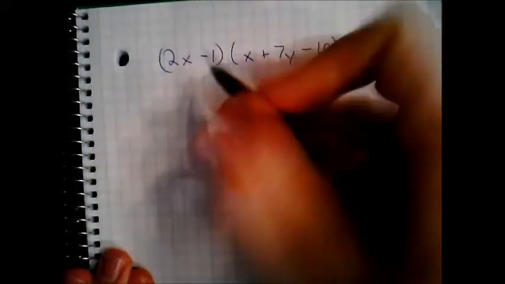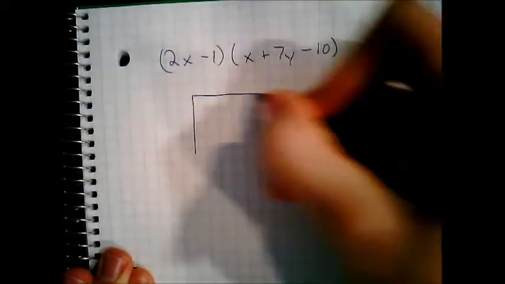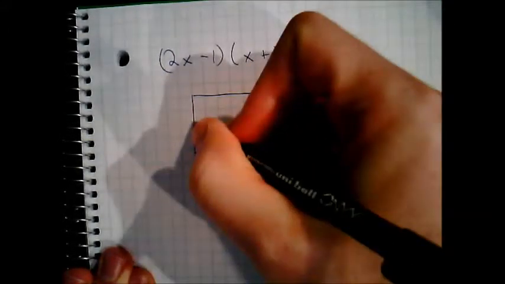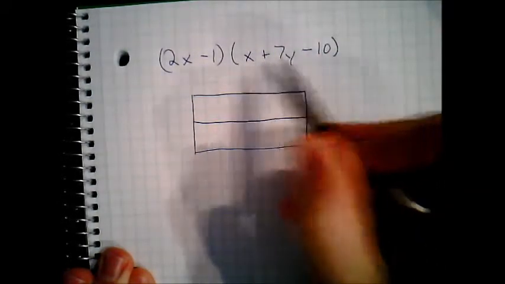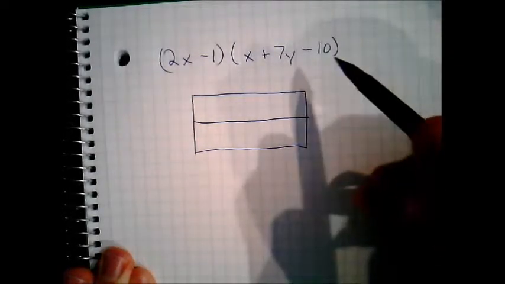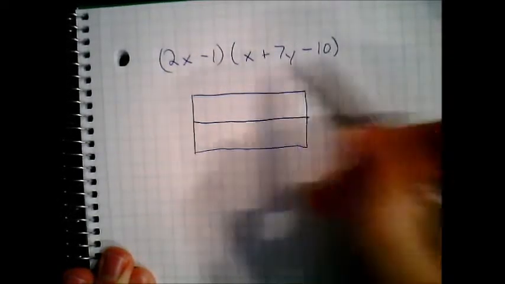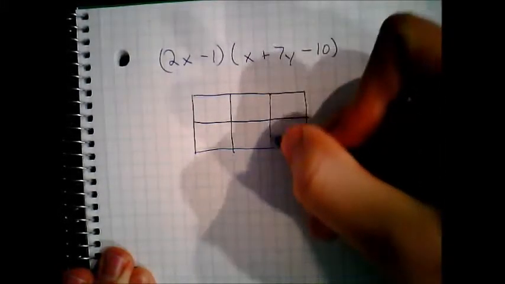So we still have 2 terms in our first group, so we're going to have 2 rows. Now in our second group, we have 3 terms. We have x tiles, we have 7y tiles, we have negative 10 unit tiles. So we have 3 different terms, 3 different types of tiles, so we need 3 columns.